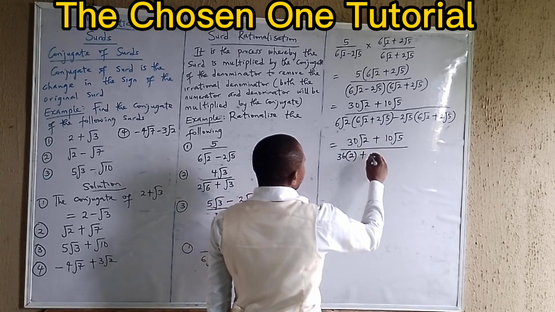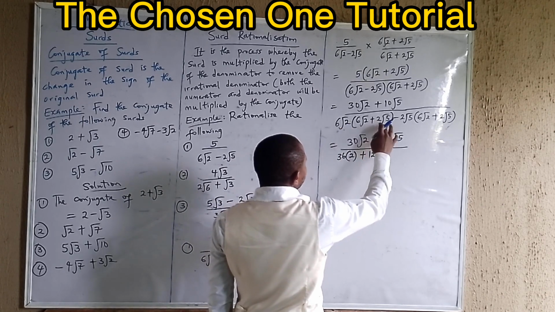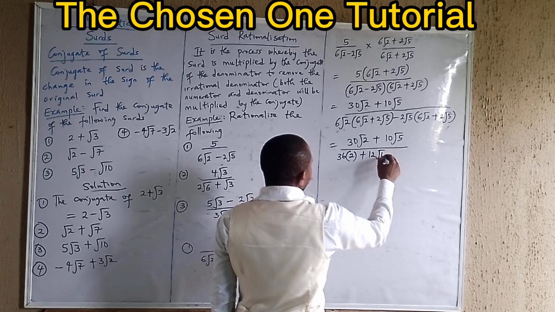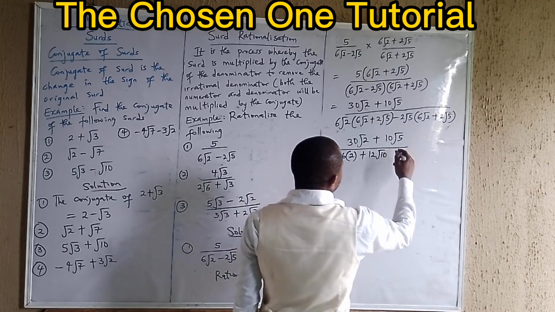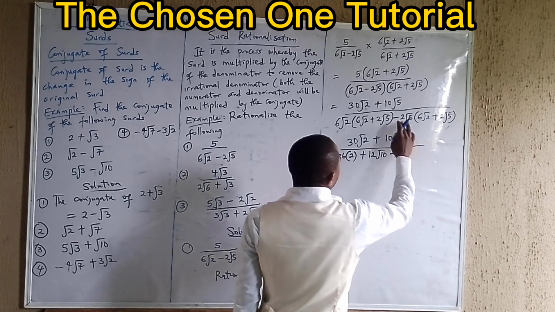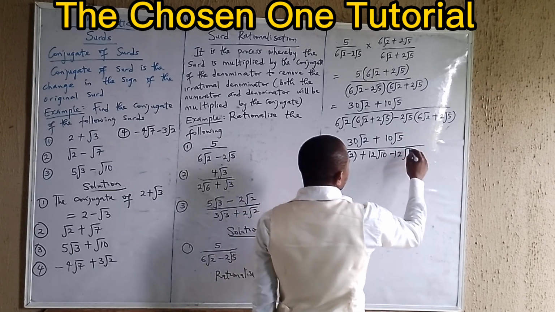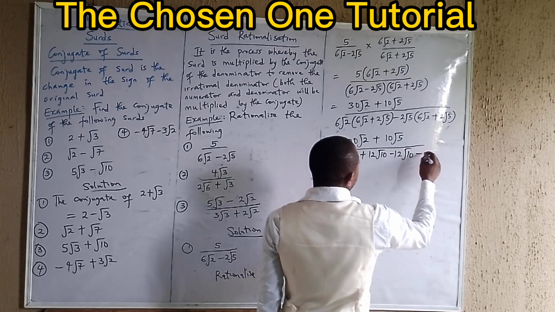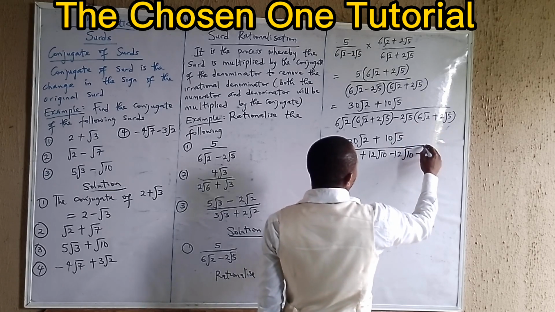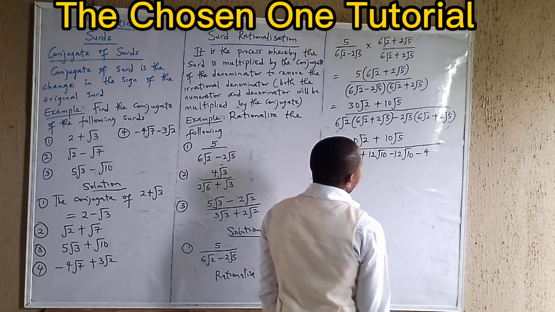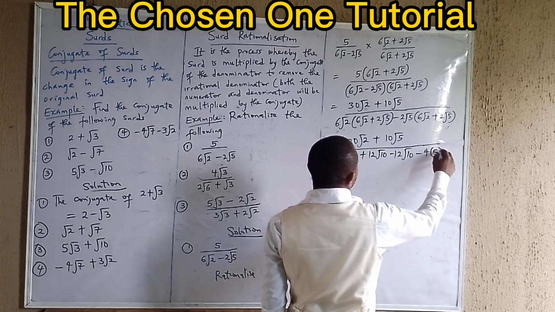Plus 6 times 2 gives 12. Root 2 times root 5 will be root 10. Minus 2 times 6 will give us minus 12. Root 5 times root 2 gives root 10. Minus times plus gives minus, 2 times 2 gives 4. And root 5 times root 5 will give us 5.